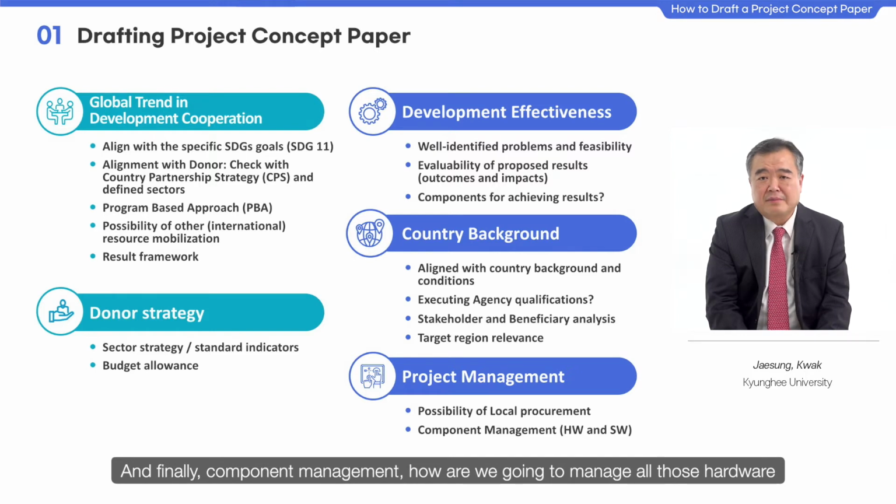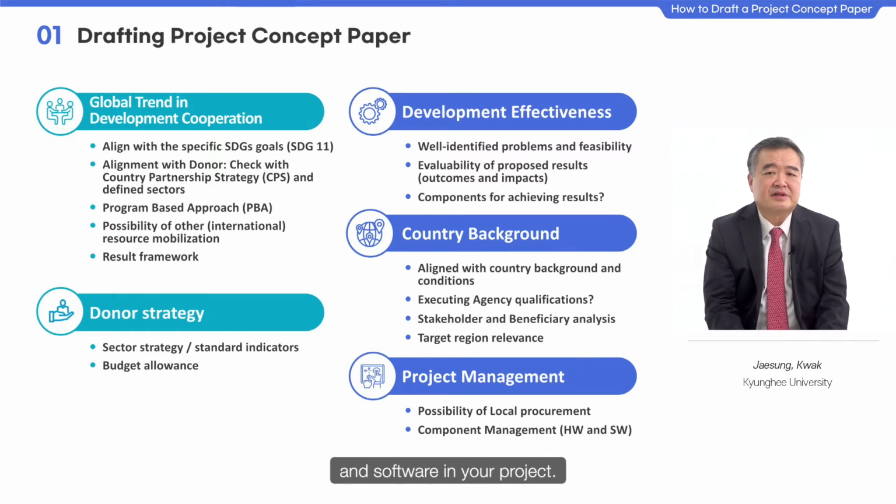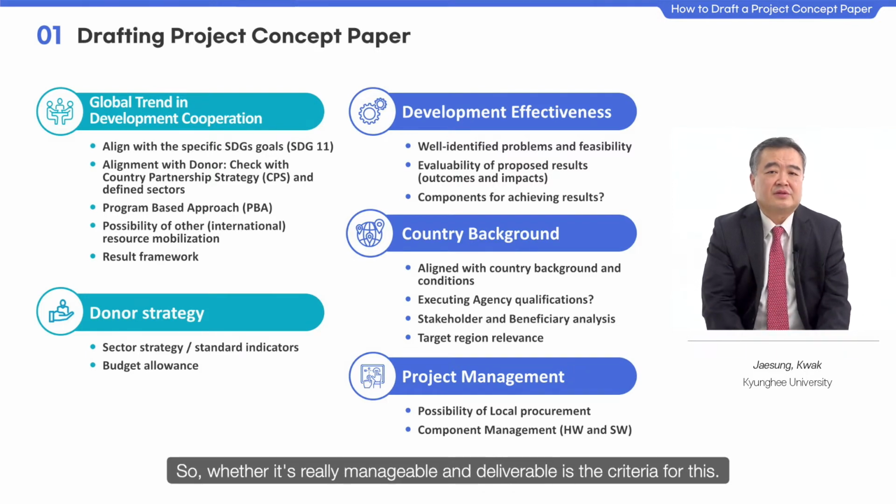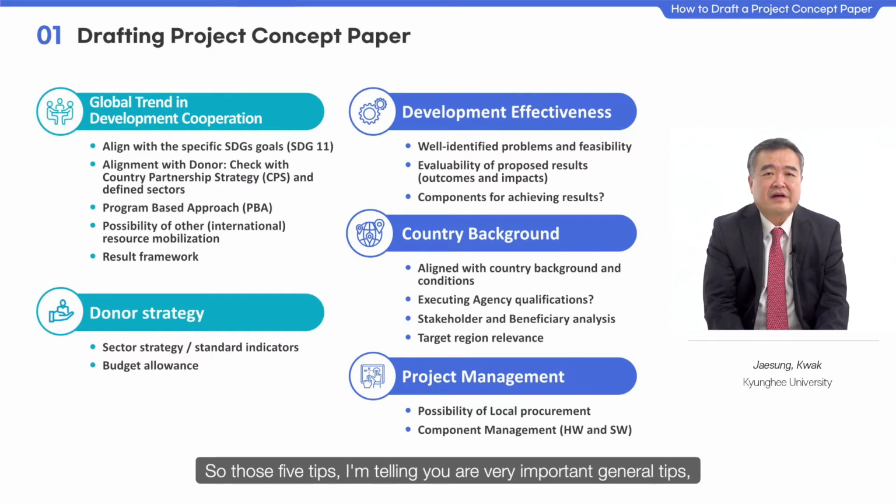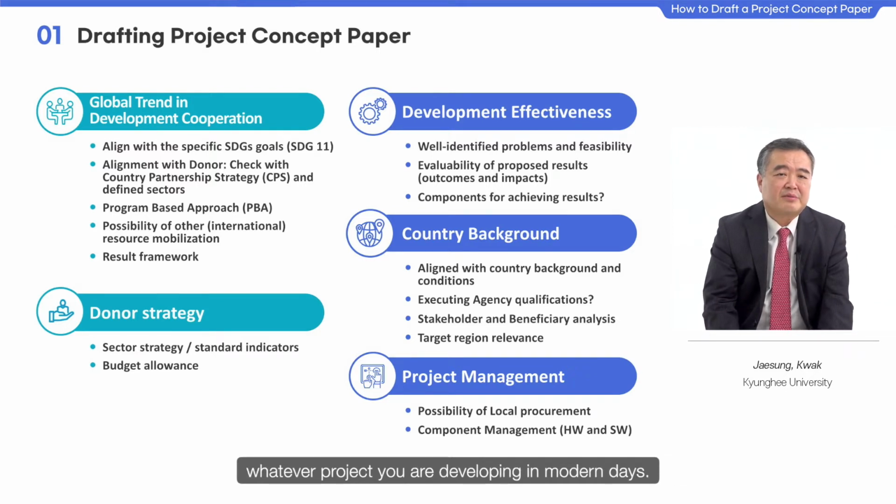And finally, component management, how you're going to manage all those hardwares and softwares in your project. So whether it's really manageable and deliverable is the criteria for this. So those 5 tips I'm telling you are very important general tips, whatever project you are developing in modern days.